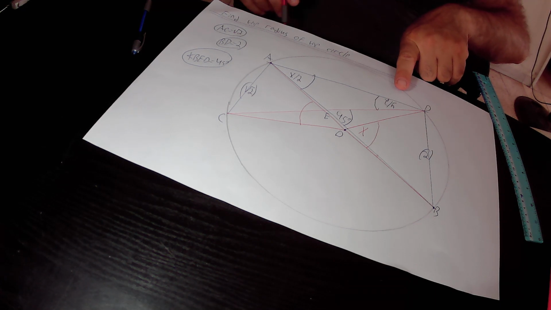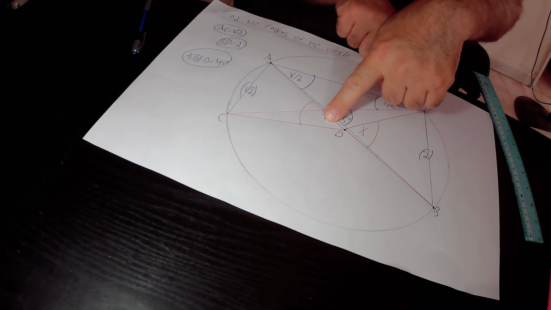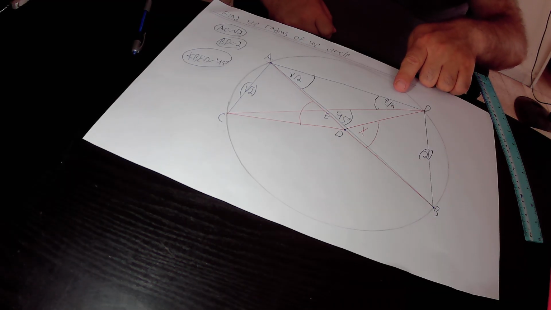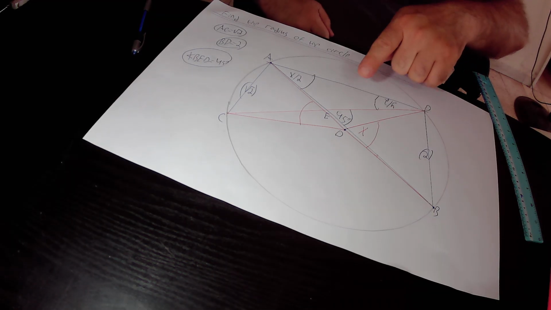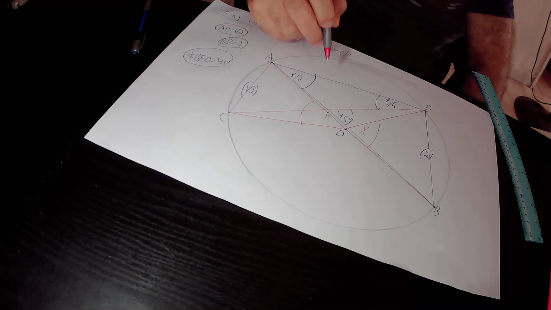Why? Because both of those two angles are subtended on the same chord called AC. The size of this peripheral angle ADC is y over 2, and therefore the size of this central angle AOC must be equal to y over 2 times 2, that is y, according to rule 13.